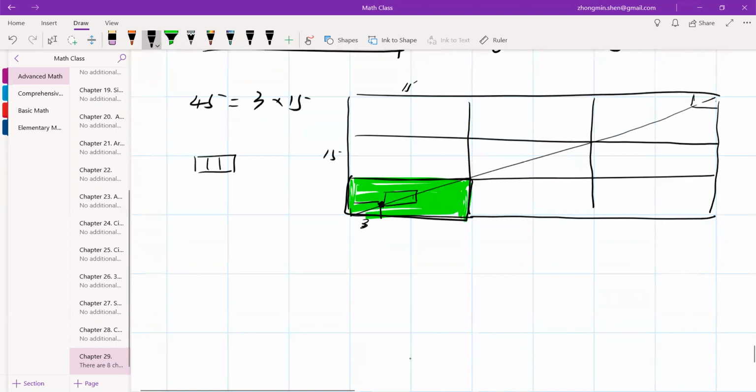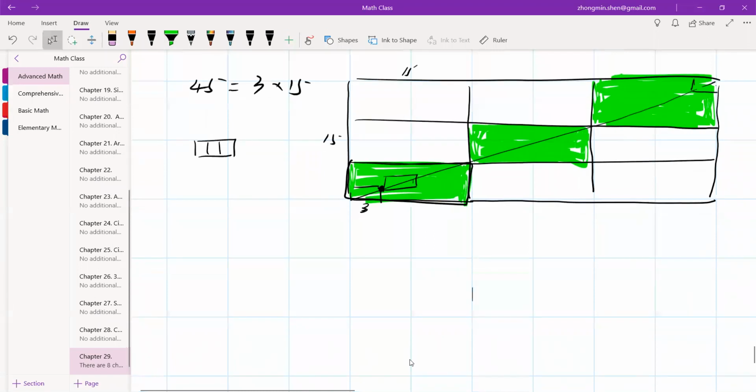Those 3 rectangles are identical. So as long as you can count the tiles in one small rectangle, you can solve the problem.